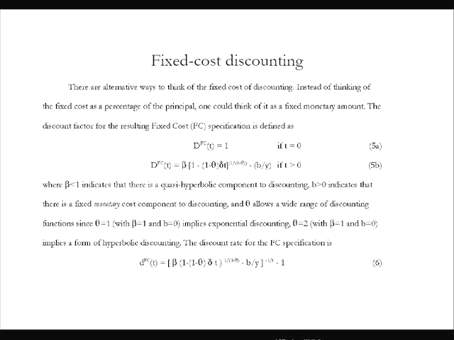Now they have added also some parameters to reflect quasi-hyperbolic discounting and hyperbolic discounting and so on. So this beta parameter here reflects quasi-hyperbolic discounting, and this theta one here reflects some hyperbolic discounting. But you can easily imagine just the exponential part here, and then you add this fixed cost here.